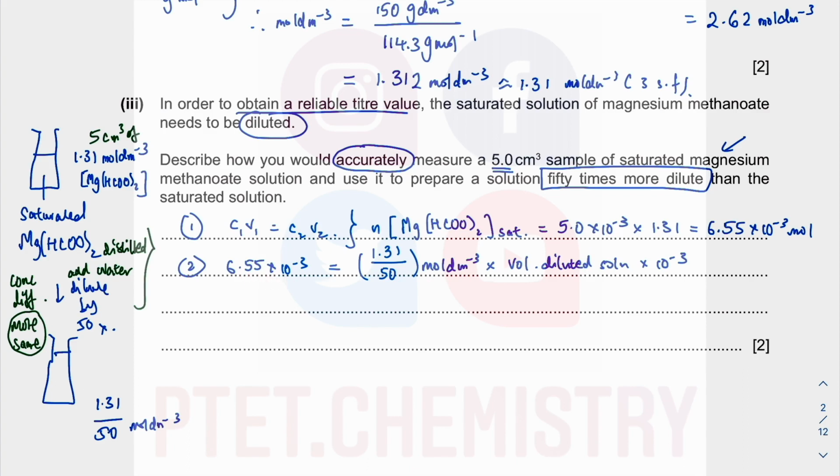Okay, so therefore the volume of the diluted solution is equal to, well, rearrange your formula, that times 50 over 1.31 times 10 to the minus 3.